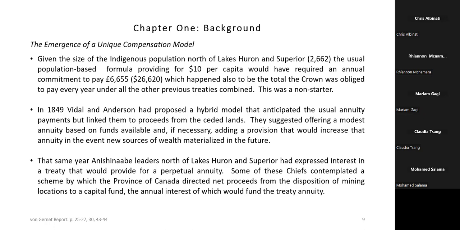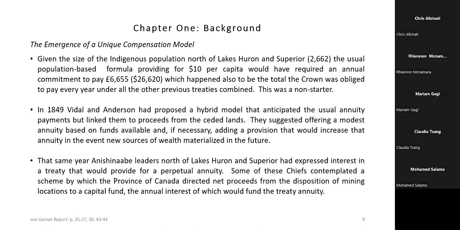here you have a kind of different situation because the population to the north of Lakes Huron and Superior was so high. There were many First Nations involved. Some of these earlier treaties had only one First Nation involved.